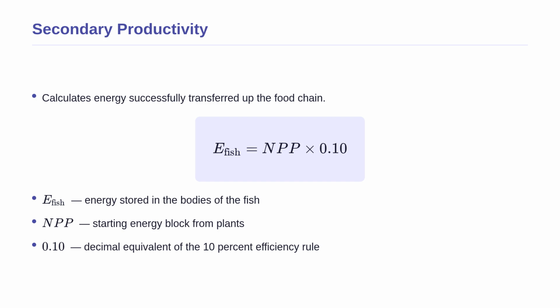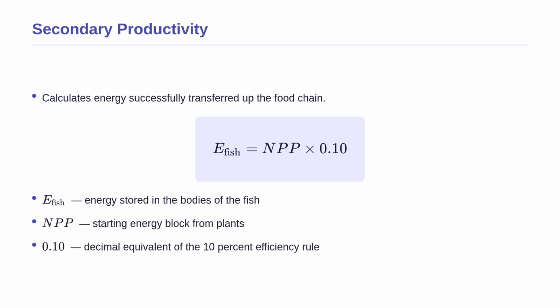Here, E-fish represents the energy actually stored in the bodies of the fish for their own growth. NPP is the starting energy block provided by the plants. The 0.10 is the mathematical decimal equivalent of the 10% ecological efficiency rule.